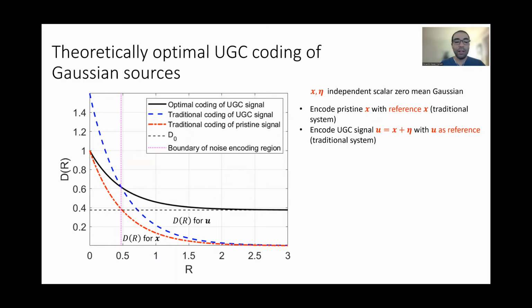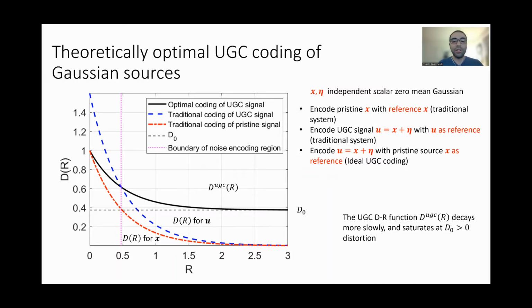And this is the blue line, which is basically using a traditional system. And then we have the ideal UGC coding, which encodes U, but the source is X, and the optimal rate distortion function is the black line, and this converges to the constant D0 as we increase the rate. And it, of course, doesn't go to 0.